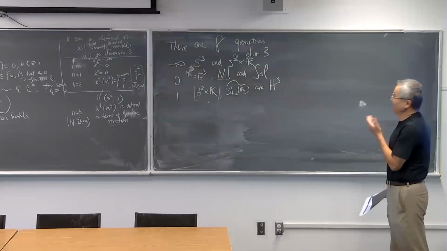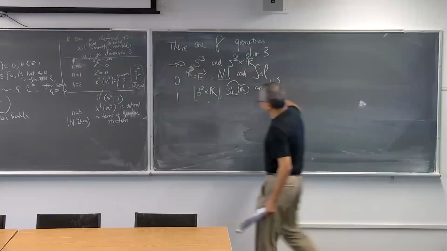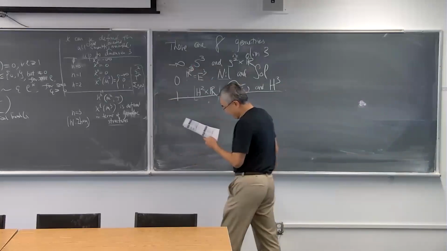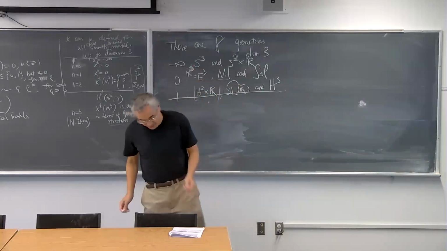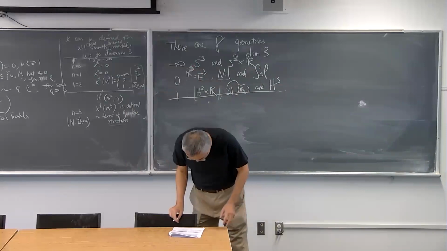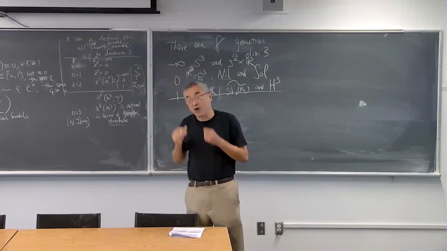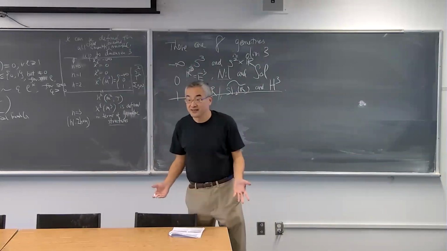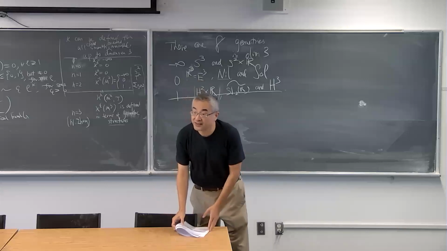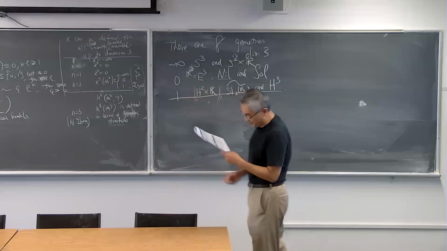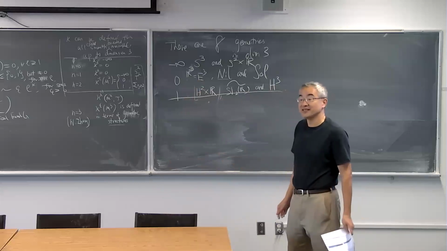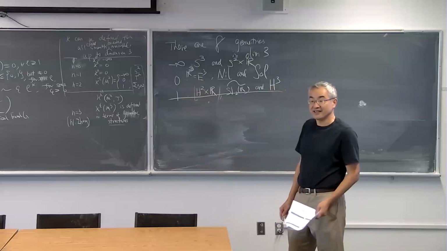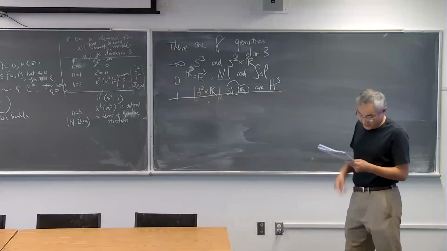Okay, for a given three-dimensional manifold, first of all you can decompose it by the prime decomposition into irreducible pieces, and then you further consider the toroidal decomposition for each prime summand.